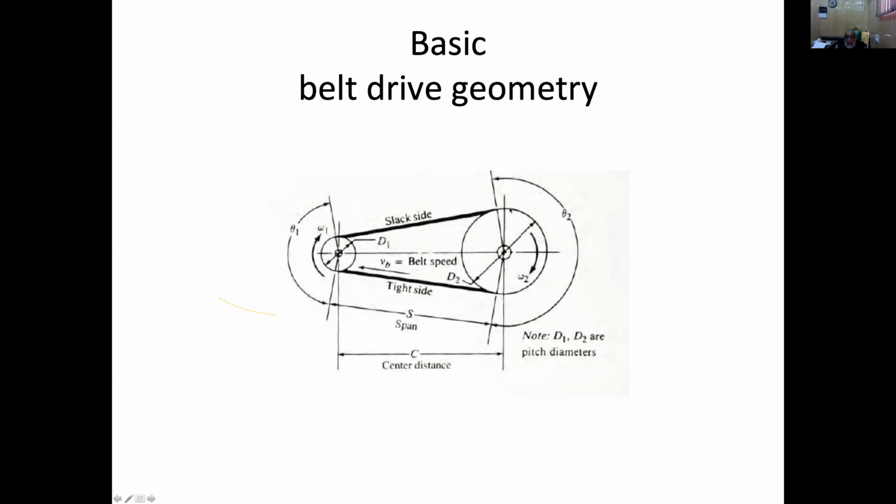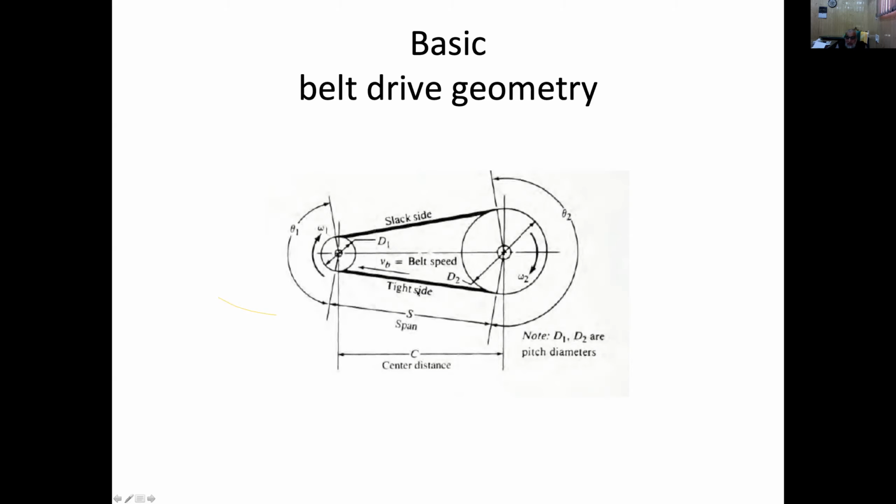You can see the wrap angle on the driven pulley is larger than the wrap angle on the driver pulley. So this is the driven pulley, this is the driver pulley. Then the tight side of the belt and the slack side of the belt.